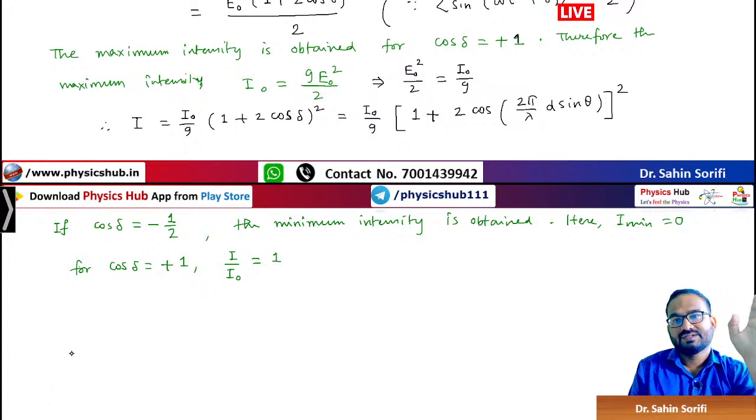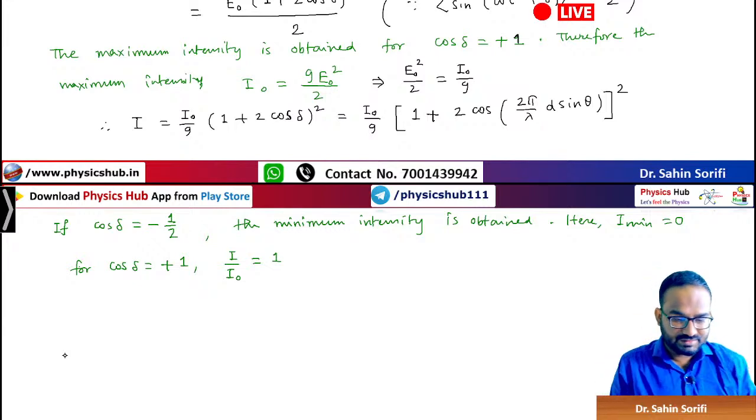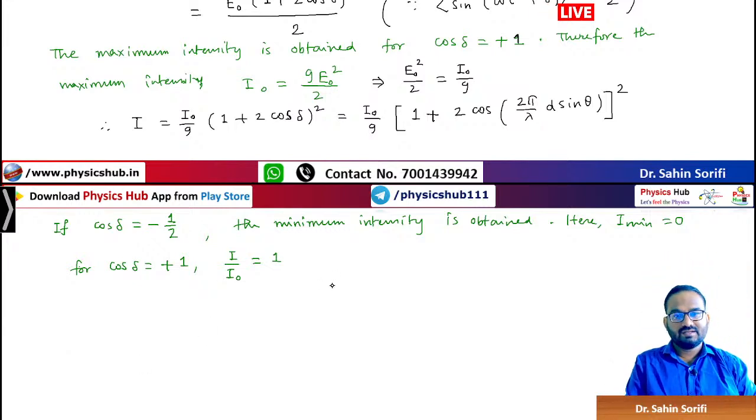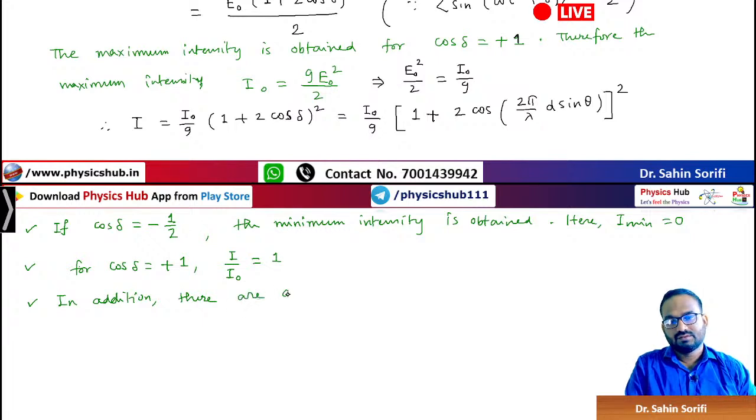So we have three things we need to take care of. Firstly, maxima and minima, and in addition to this there is another thing: there are also secondary maxima.